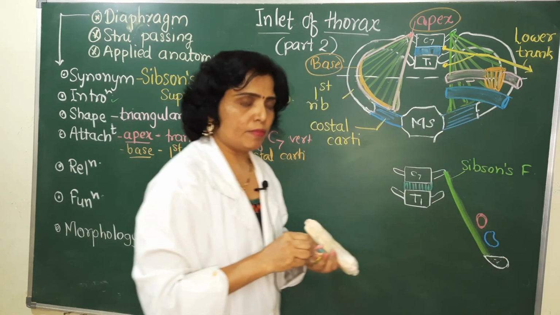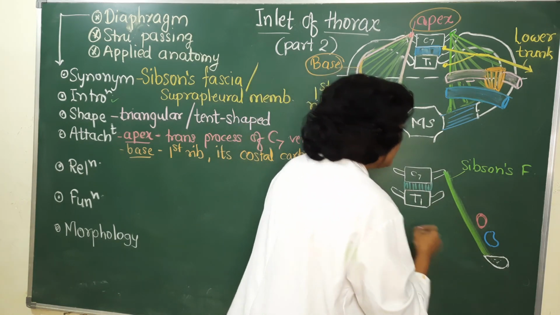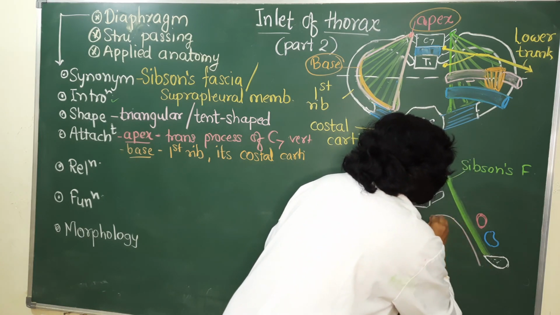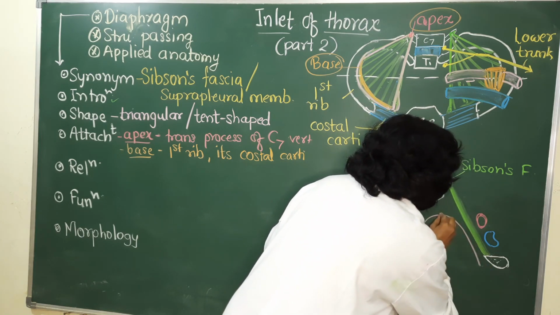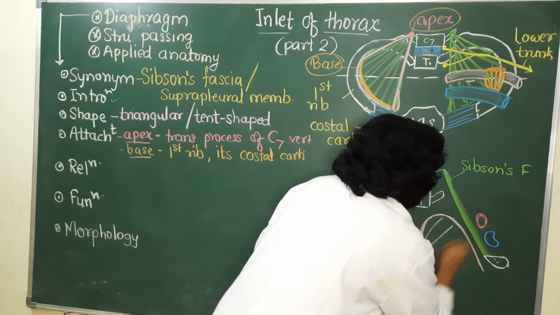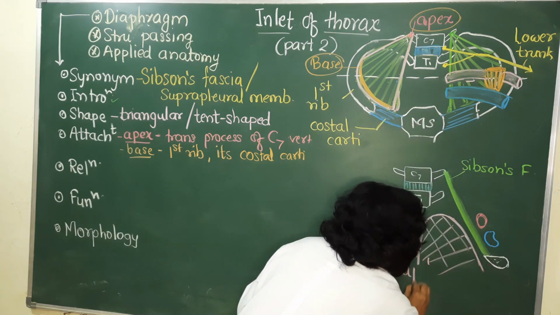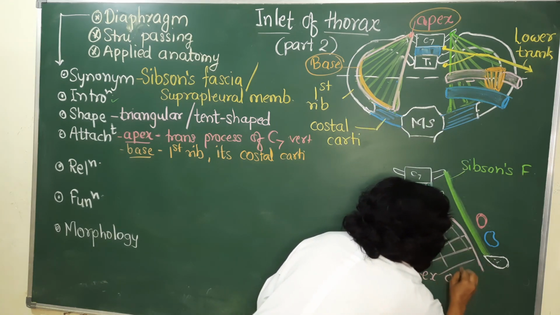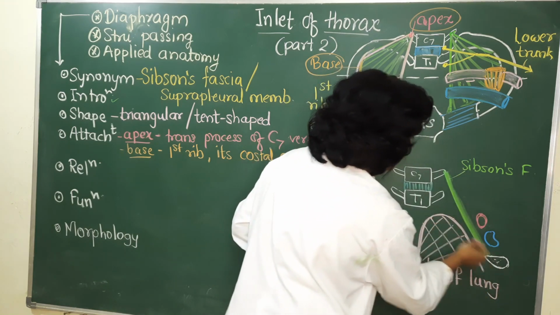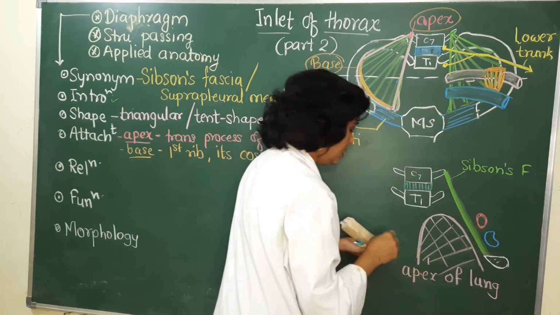So these are the subclavian vessels, and just below that, just below the Sibson's fascia, here you get a structure which actually occupies the major part of the thoracic cavity. This is actually the apex of lung. This apex of lung lies 3 to 4 centimeter above the anterior end of the first rib.